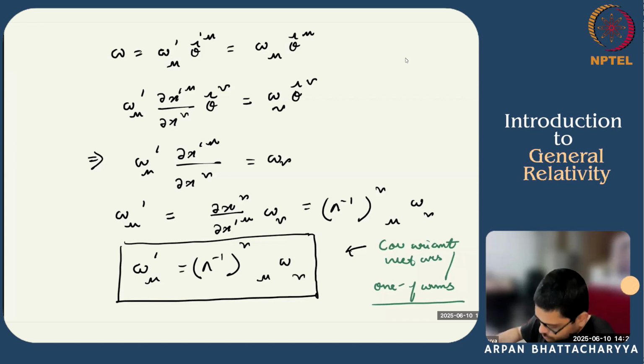So now can we identify what these theta mu are if we work in the coordinate basis? Before that, let me make one remark. If you consider the dual space of the tangent space, it is also known as the cotangent space, and these one forms are the elements of the cotangent space.